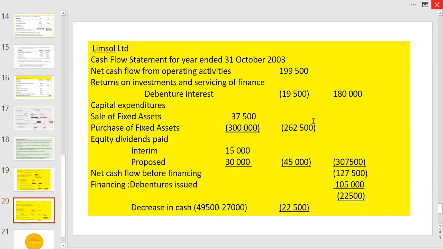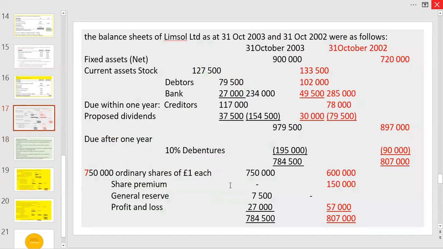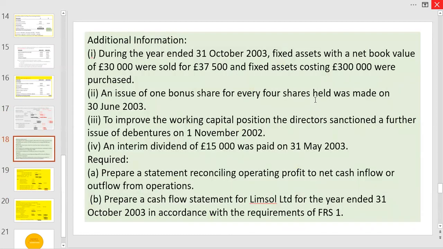As you see, there is a net negative flow of cash 22,500, which explains how the opening cash balance of 49,500 became 27,000 now. Hope things are clear. More and more exercise like this will be very helpful to understand this subject better.